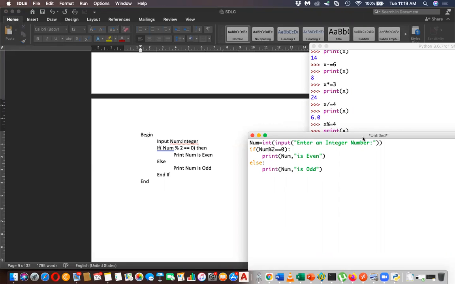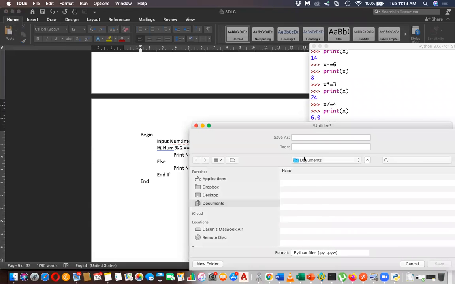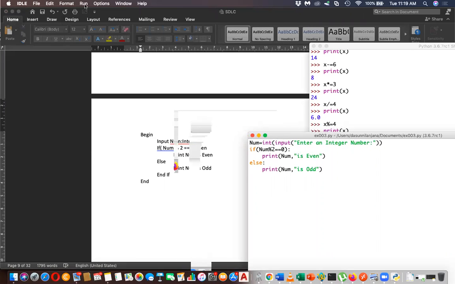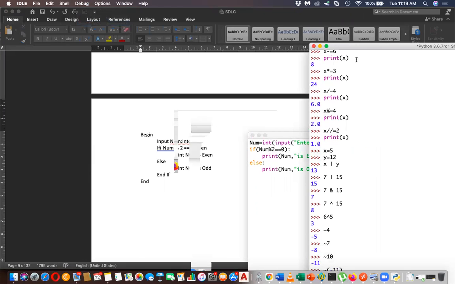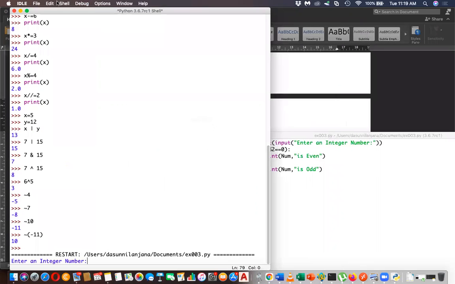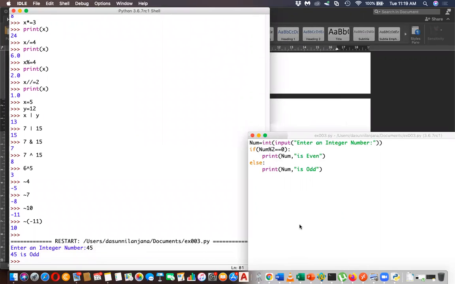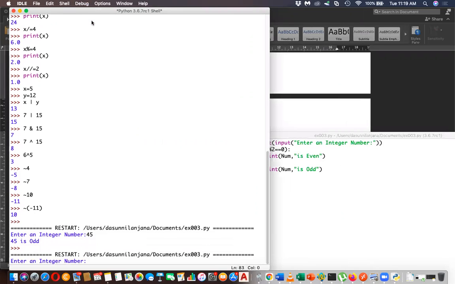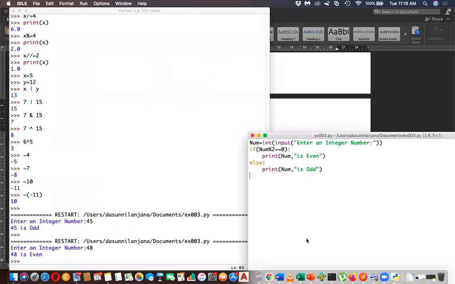Then save it and run it. It asks to enter an integer number, 45. 45 is odd. Run it again, 48. 48 is even.